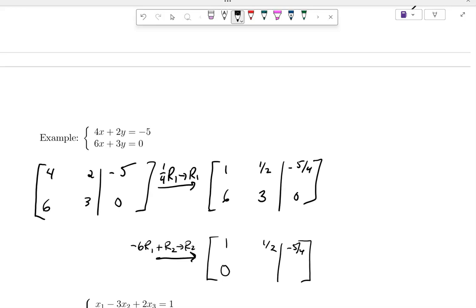What's the next entry? Also a 0, right? Because we'll have negative 6 times 1/2 is negative 3, plus 3 gives you 0. The last one, negative 6 times negative 5/4 will give you positive 30 over 4, which is the same thing as 15 over 2. Add down, we'll get 15 over 2.